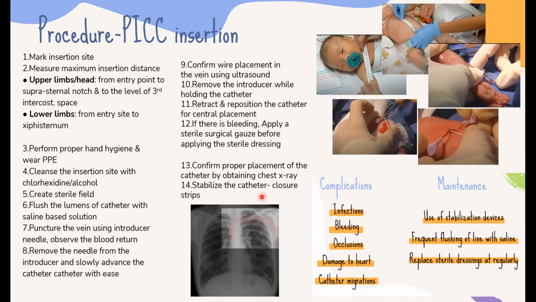If it is inferior, for example the superior vena cava, and if it is at the proximal superior vena cava, is it acceptable? Because the whole vena cava below the diaphragm is actually inferior vena cava. So which part of the inferior vena cava do we want the tip to lie at?